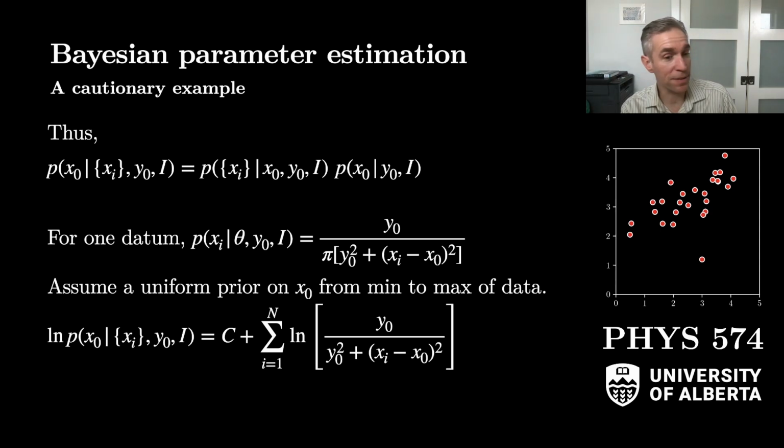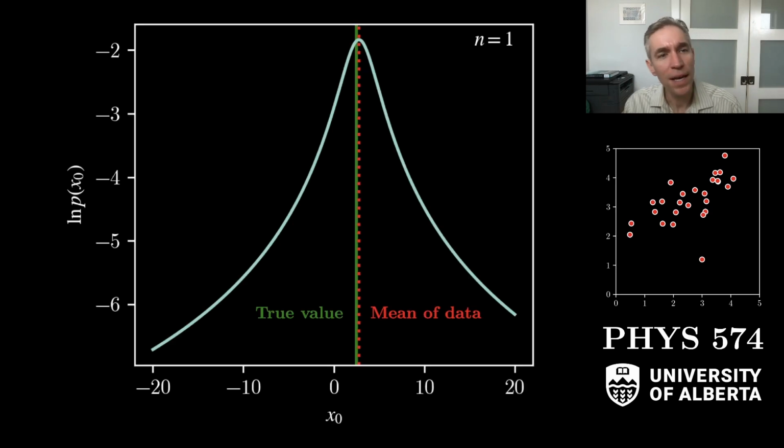And what's neat about this is that we can immediately start inferring where that lighthouse is from our first datum. So much like we did with the coin toss in the last video, here is the posterior distribution of where that lighthouse is located. I'm going straight into plotting things on a logarithmic axis here.